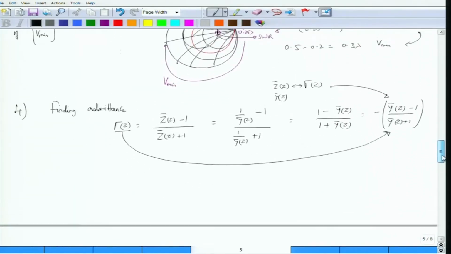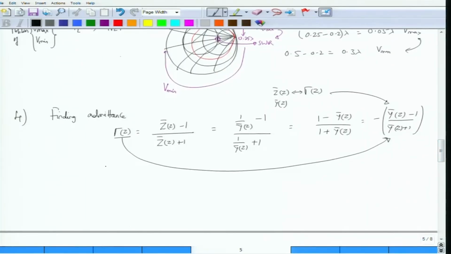So to find the admittance, all you have to do is start on any point on the Smith chart which is given by the load or whatever the impedance, and from that point you first move on the constant gamma circle until you find yourself on the diametrically opposite point.